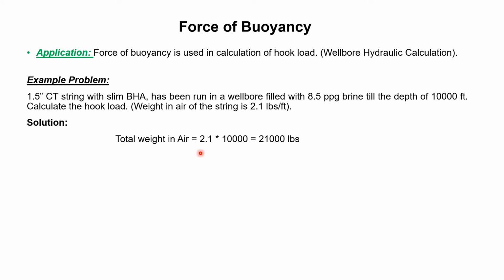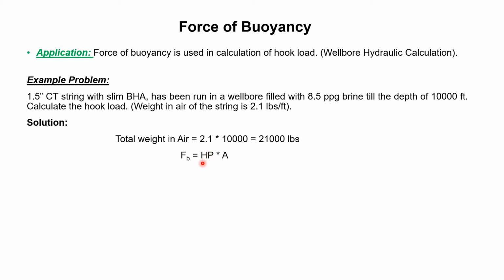Total weight in air is equal to pound per foot weight multiplied by the total length of the string. The length of the CT string inside the wellbore is 10,000 feet, so we multiply 2.1 by 10,000 and get 21,000 pounds.